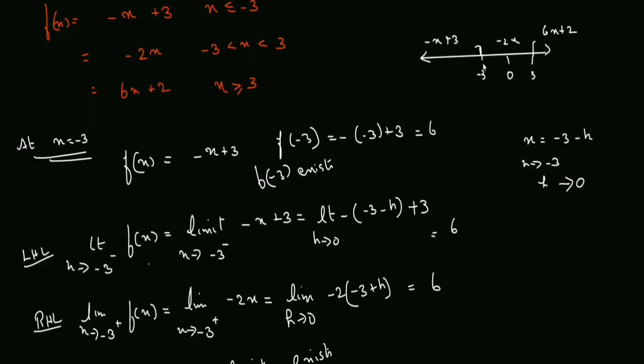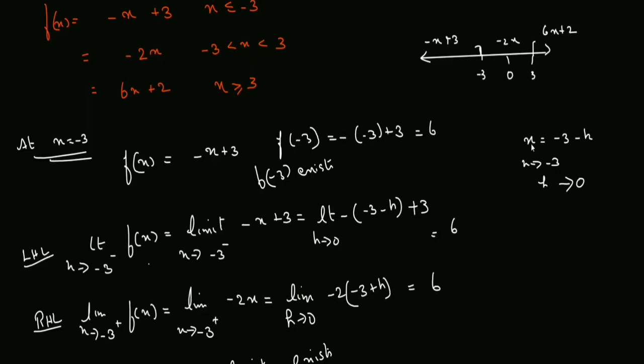Now how do you find the left limit? You have to put x as minus 3 minus h. So replace x by minus 3 minus h. It's very easy to write. Then limit h tends to 0.